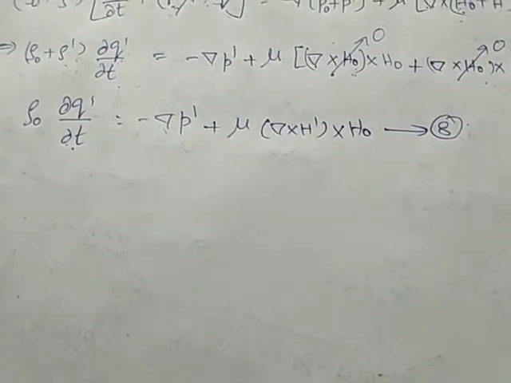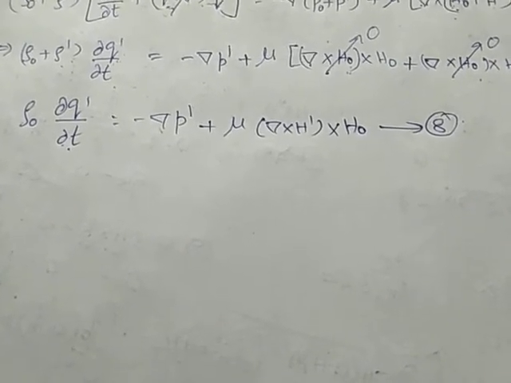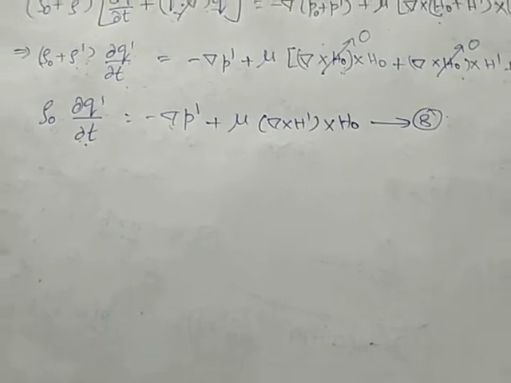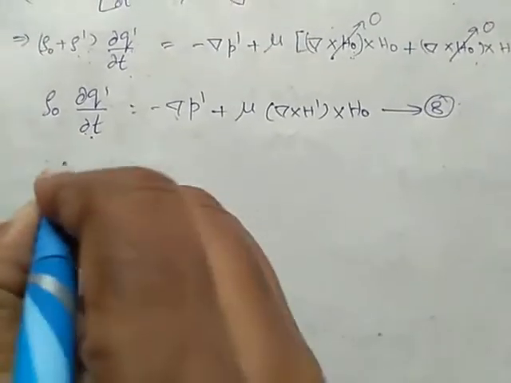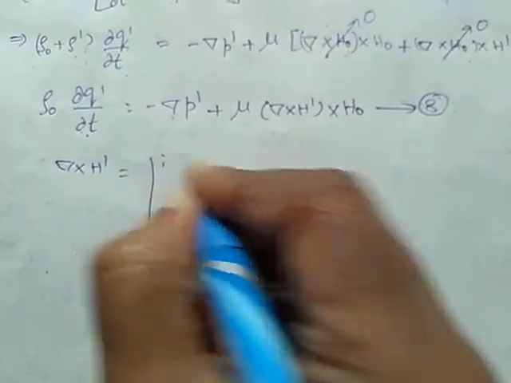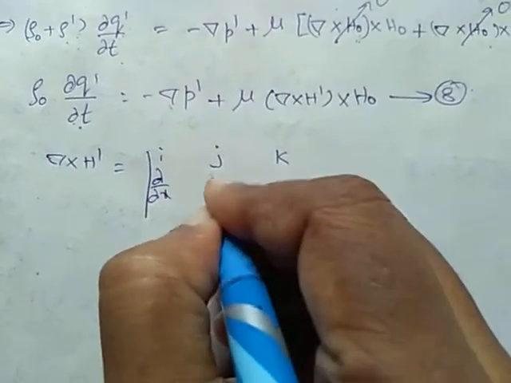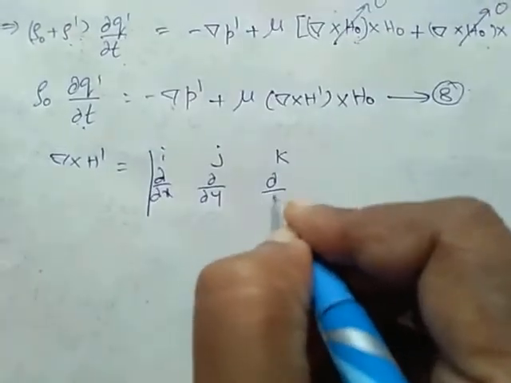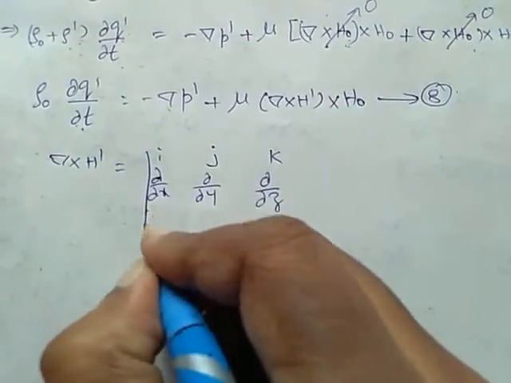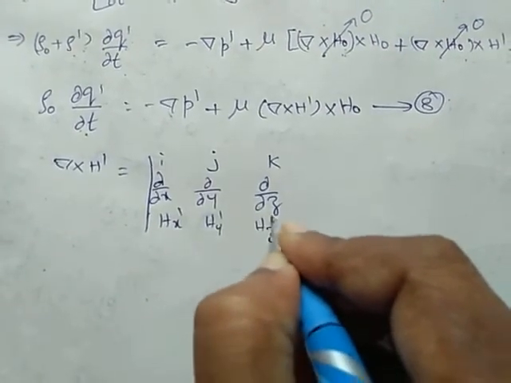Now we are going to find del cross h dash. So what is our del cross h dash? Del cross h dash is the determinant of i j k, dou by dou x, dou by dou y and dou by dou z, and h dash is hx dash, hy dash and hz dash.